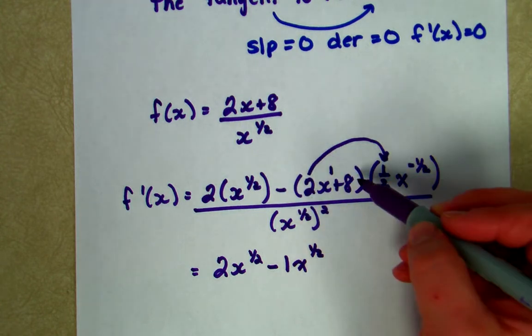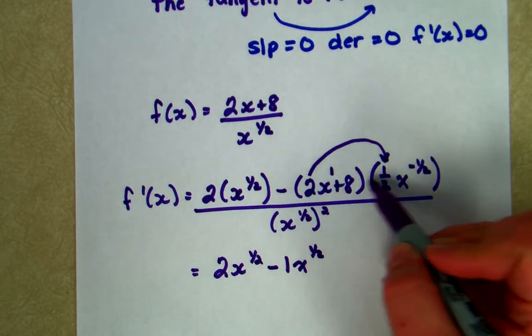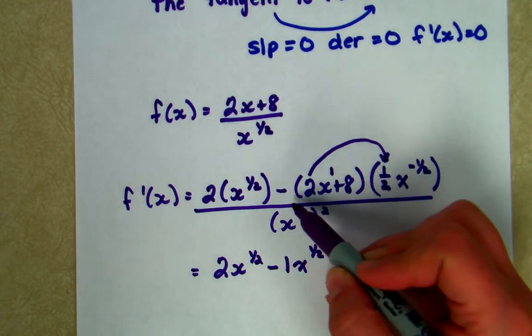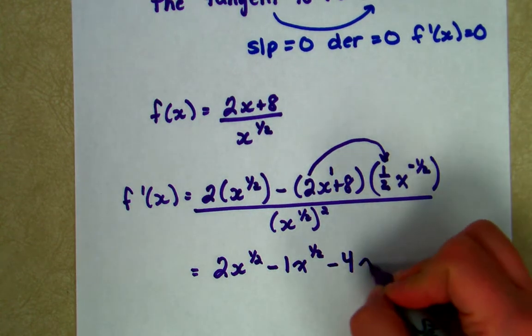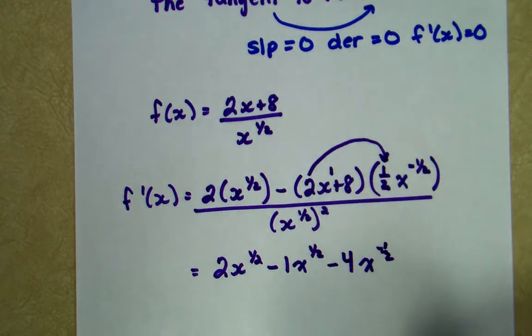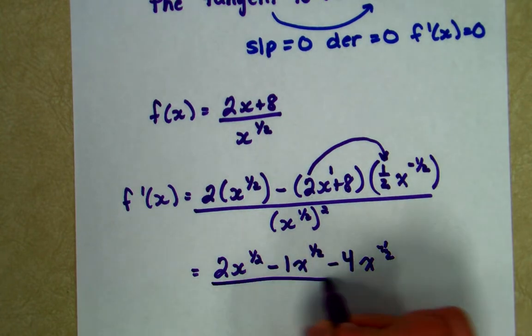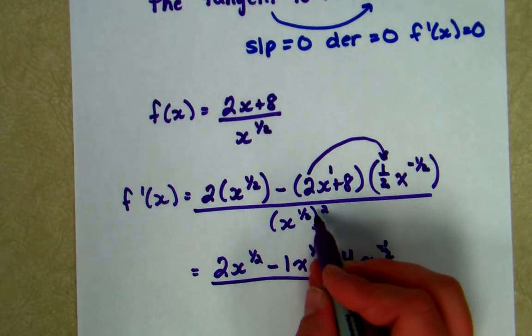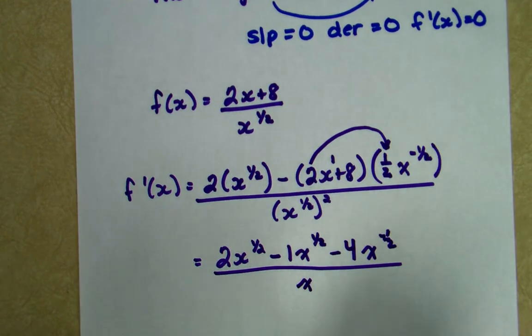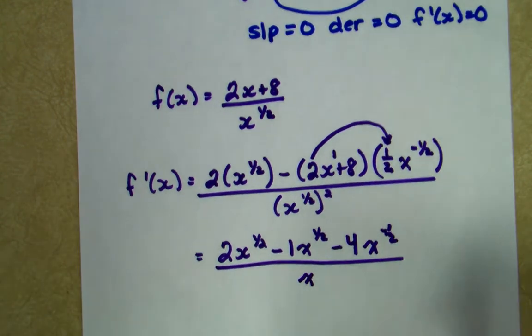Now I'm going to do the same thing with the 8. 8 times 1/2 is 4, and I have a negative in front, so that's going to be negative 4x to the negative 1/2. And now x to the 1/2 squared, I multiply those two exponents together, a half times 2 is 1, so that's just going to be all over x.